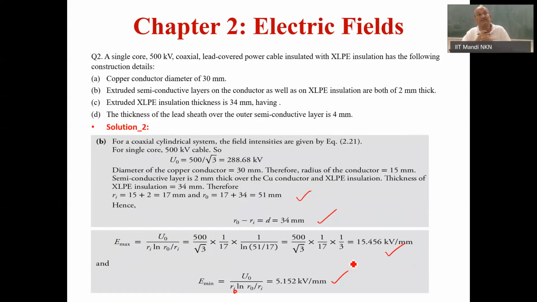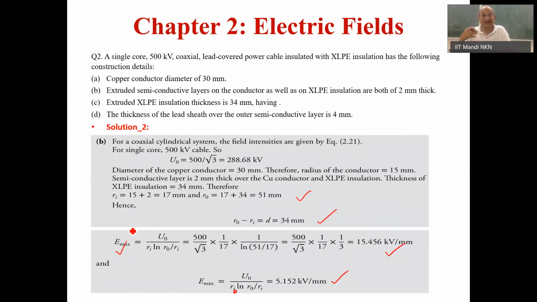If I correctly remember, something like 50 years back, this maximum field intensity was limited to only about 4 or 5 kV per millimeter. Over the years, in half a century, the technology has developed so well that one can increase the maximum field intensity to the tune of 15.4.